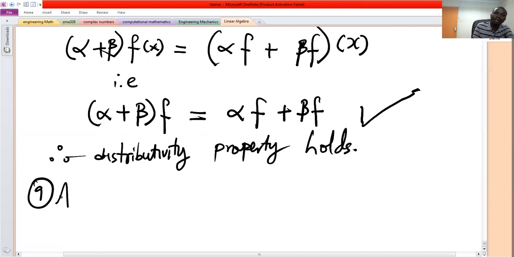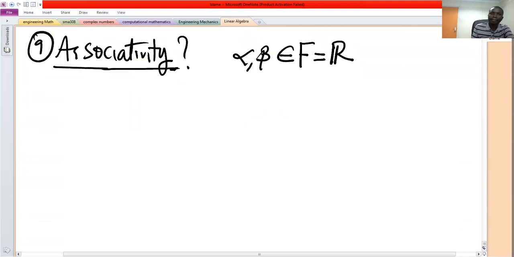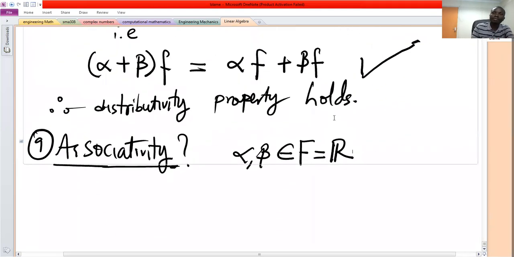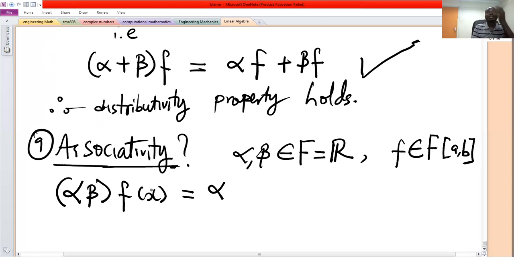Number 9, associative with respect to scalar multiplication. Now we have alpha, beta being elements picked from the field F. Then if you pick a function in this set, then you say alpha beta times f of x is the same thing as saying alpha, and then beta f of x is a function within interval AB.